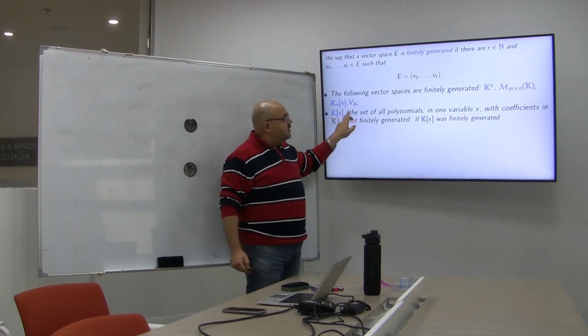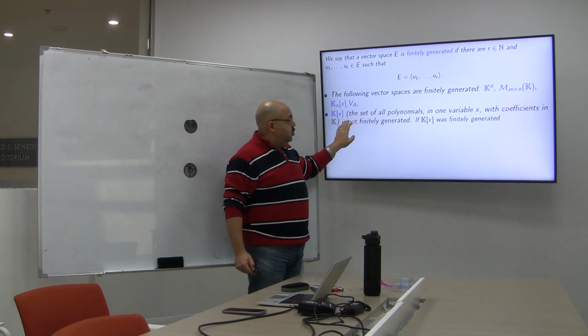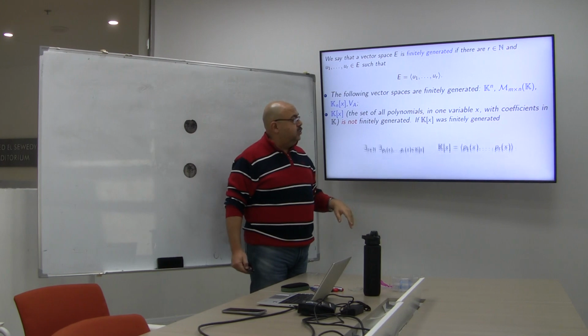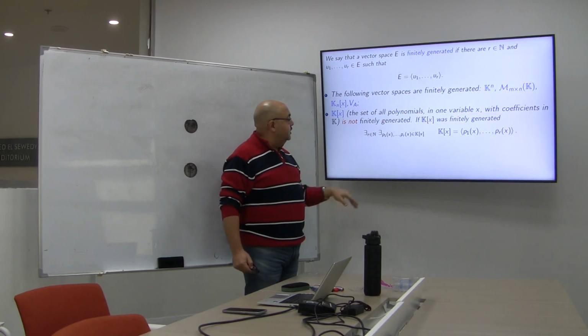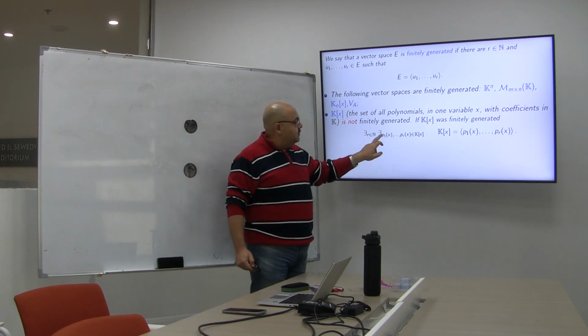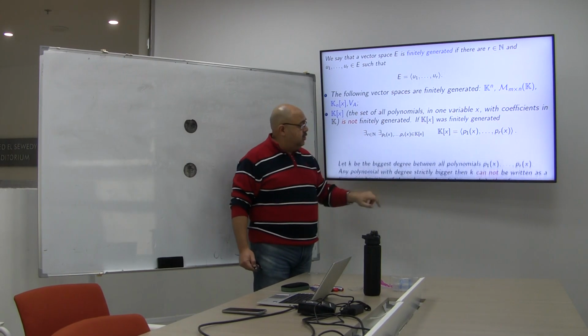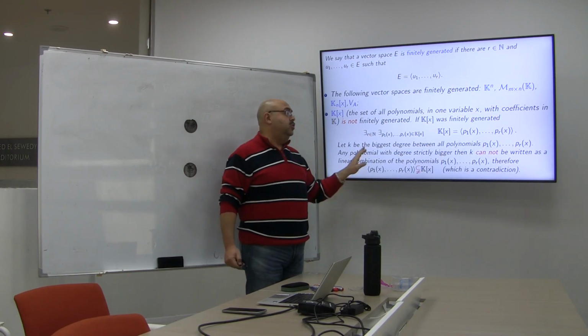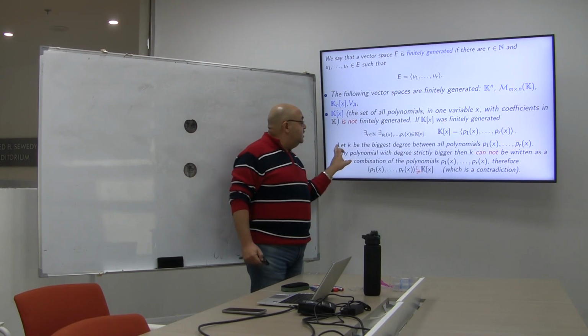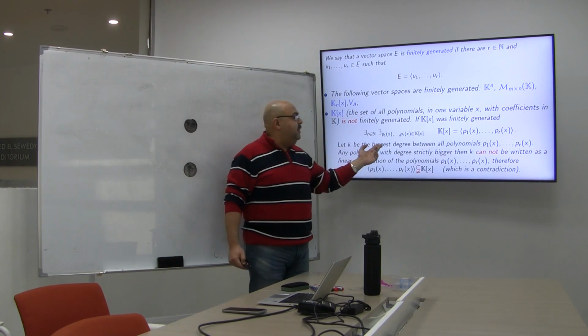For K[X], the set of polynomials in one variable x with coefficients in K is not finitely generated. Suppose K[X] were finitely generated. That is, there exists R belonging to N and there exist B1 up to BR belonging to K[X]. The explanation of this statement is in this subparagraph: let k be the biggest degree.